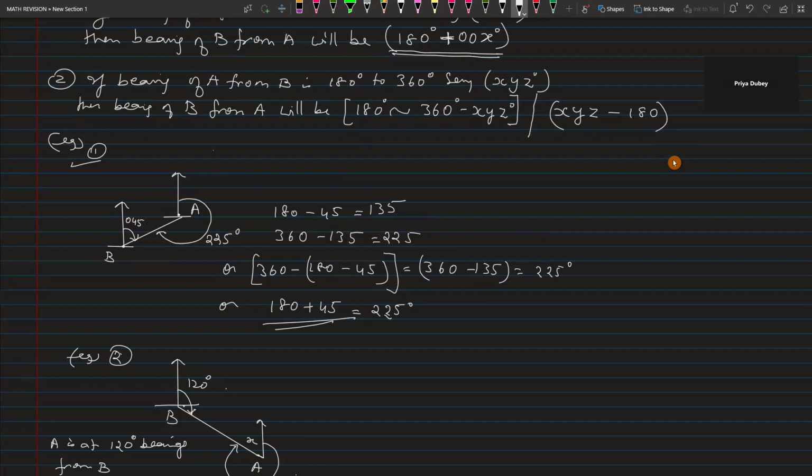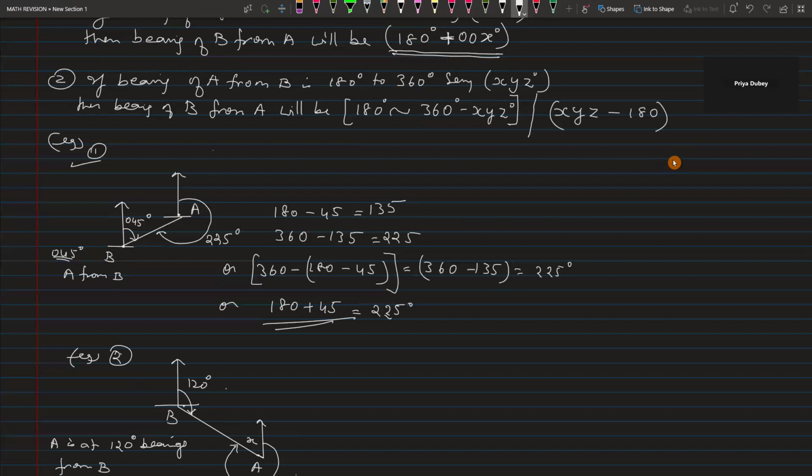I'm asking you. It's A from B. Very good. So 045 degree is the bearing of A from B.